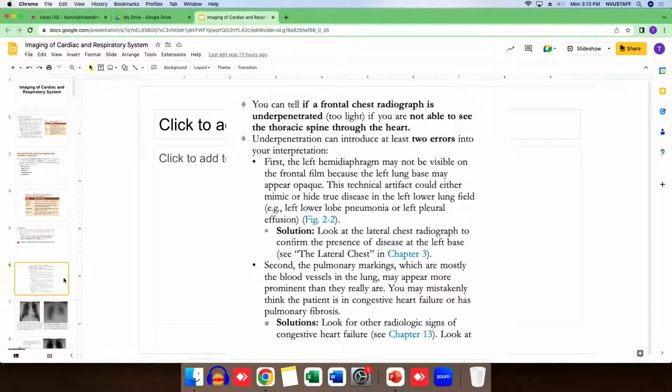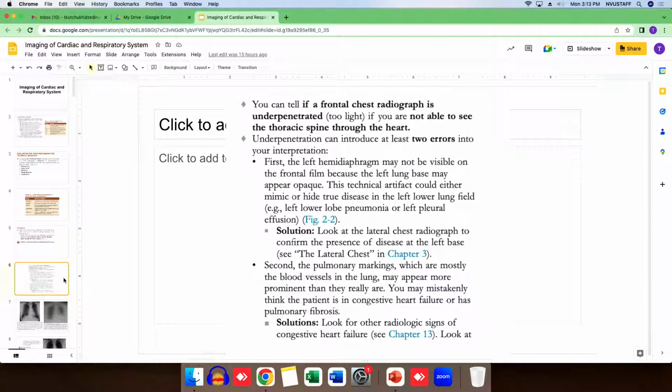So what should we do? For example, in the first case, when the left hemidiaphragm is blocked, we should take the lateral chest radiograph, and based on that we will understand if it is some underpenetrated photo or if there are some kind of pathologic processes going on.